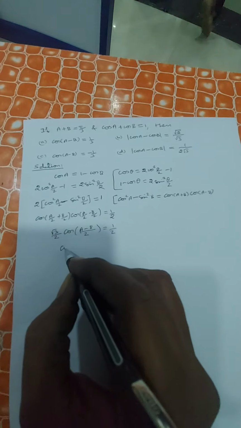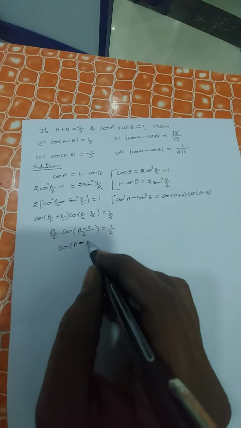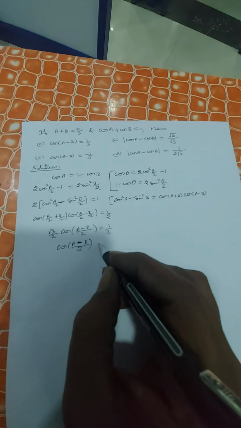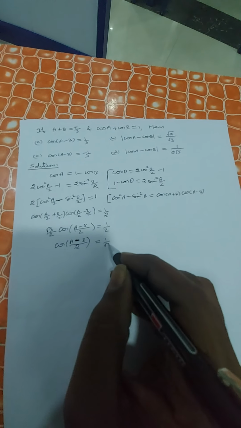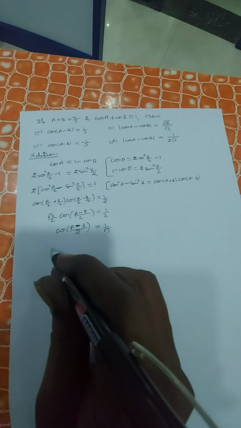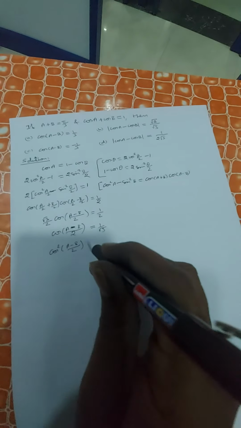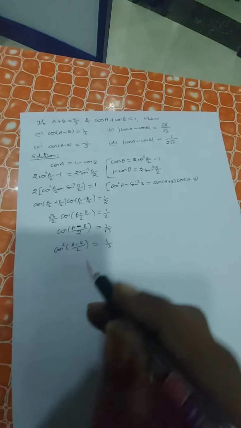Hence cos of a minus b by 2 equal to 1 by root 3. Simultaneously we can square: cos square a minus b by 2 equal to 1 by 3.